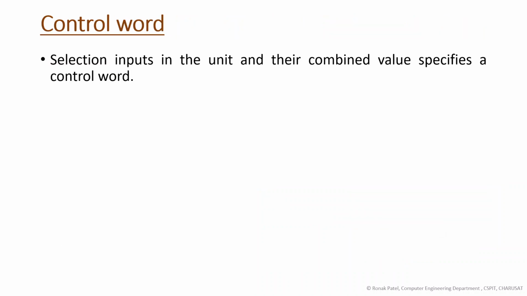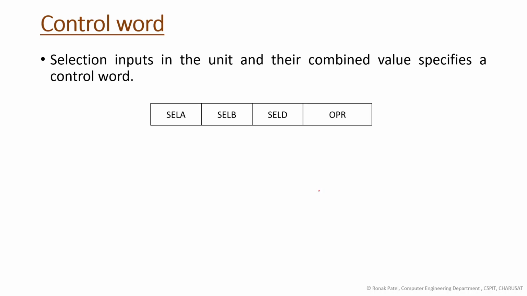Okay. So control word. The four selections that we have seen form a control word. Selection inputs in the unit: cell A, cell B, cell D, and OPR are the selection inputs. Their combined value specifies a control word.